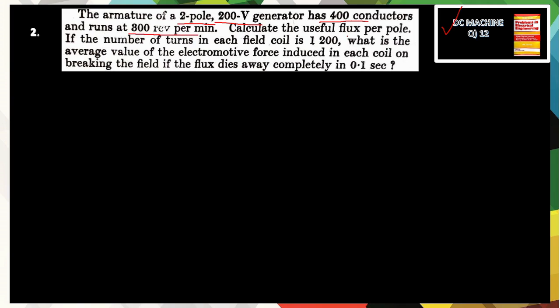Calculate the useful flux per pole if the number of turns in each field coil is 1200. What is the average value of electromotive force induced in each coil on breaking the field if the flux dies away completely in 0.1 second?